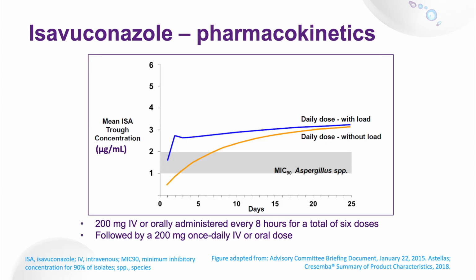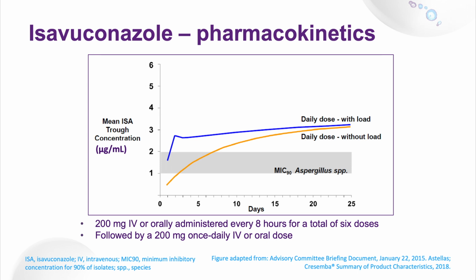Another azole which is also available for the treatment of IFI is isavuconazole. And isavuconazole is, I'd say, exactly comparable to fluconazole, especially when you talk about the pharmacokinetic properties. Fluconazole is an ideal antifungal drug as far as PK is concerned, right? So it has linear pharmacokinetics.